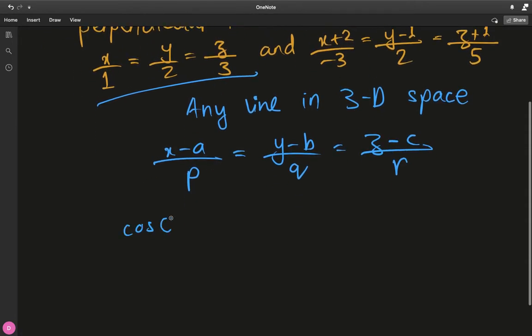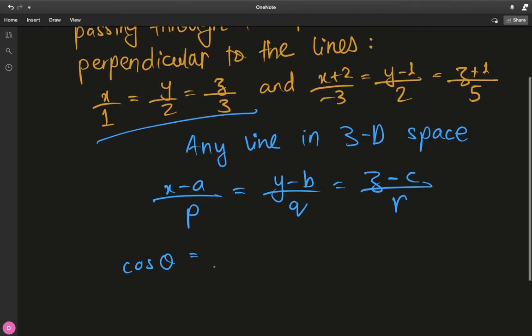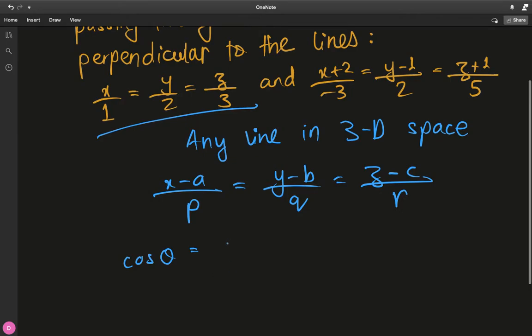So we know cosine theta from, I think, the very first question, subpart B, where I had given an intuition for the angle formula between two lines. It is equal to the direction ratio of this line times the direction ratio of the other.